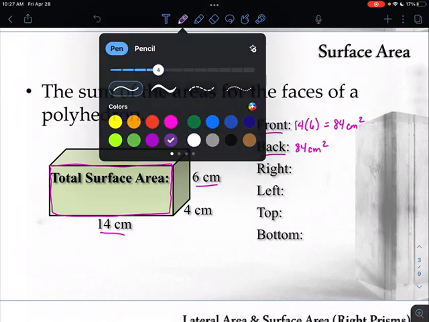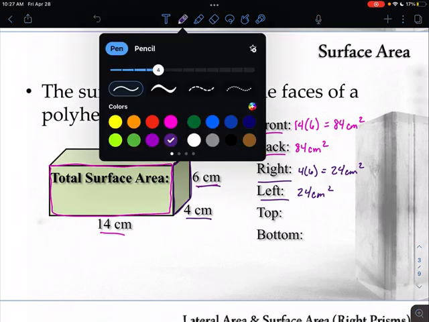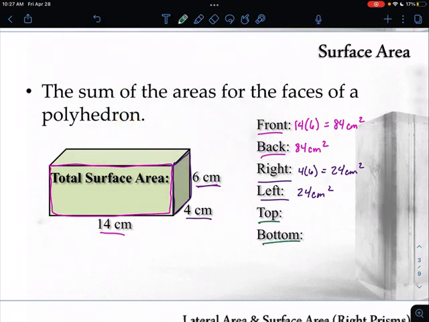Then I have to pick 2 other sides. I can go to the right side, for instance. Looking at the right side, another rectangle over here, again base times height. So we do 4 times 6 and get 24 square centimeters. The left side has to be identical, so it's the same thing. Then we finish off with the last 2 sides, top and bottom.